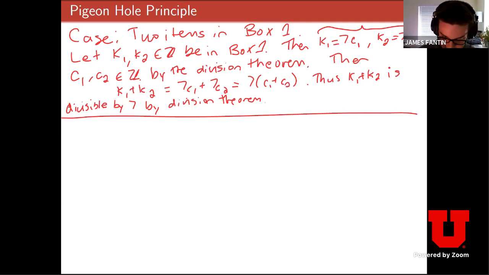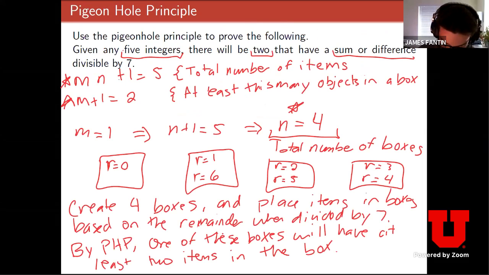So now we want to think about the other possible cases, when they either have remainder 1 and 6, or 2 and 5, or 3 and 4. And one thing I want to do here, because somebody asked about it in the last discussion session, is ask: is there a way we can prove the statement is true for boxes 2, 3, and 4 in one step, rather than proving each box as a separate case?